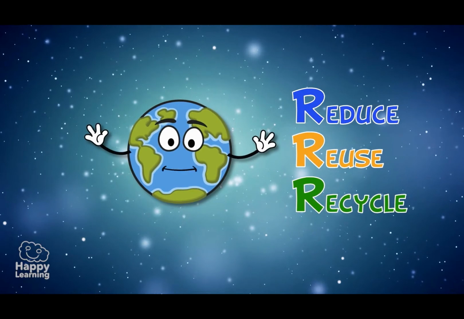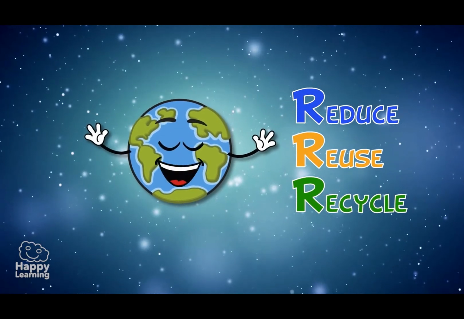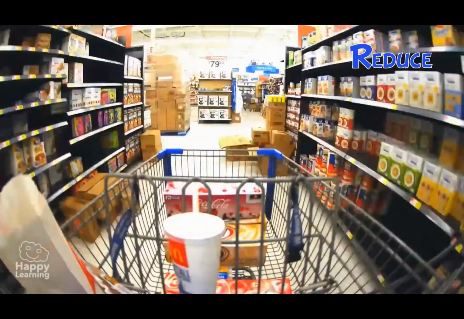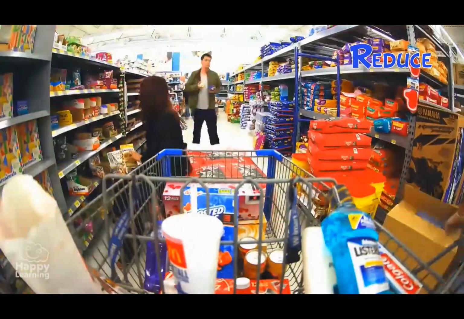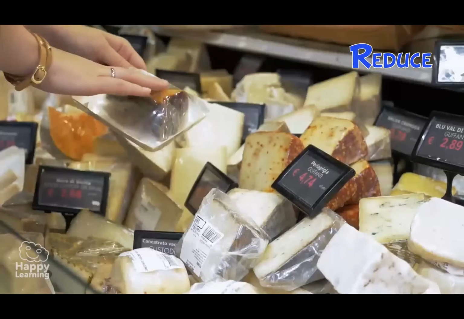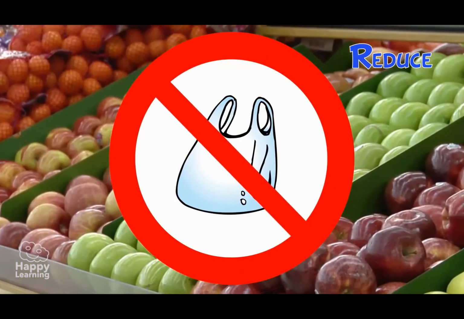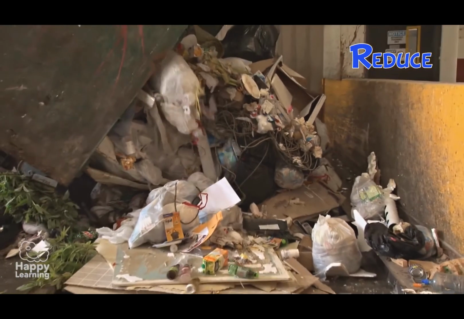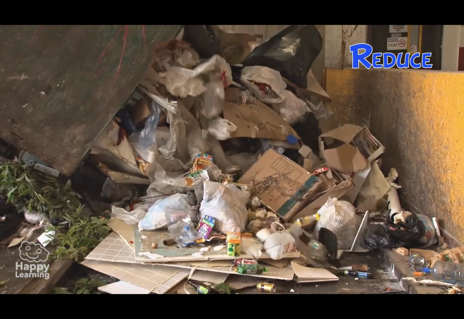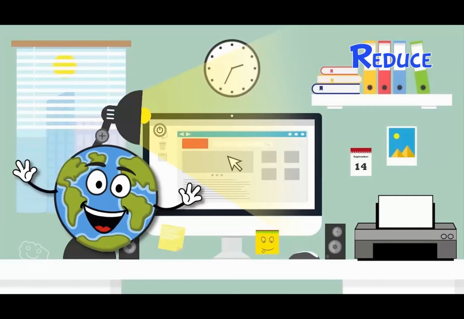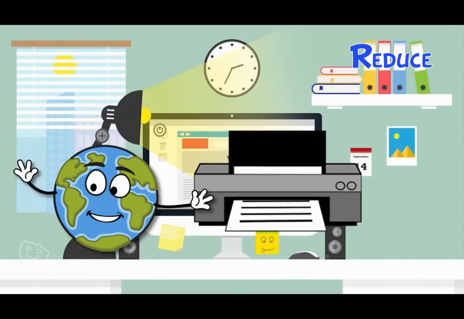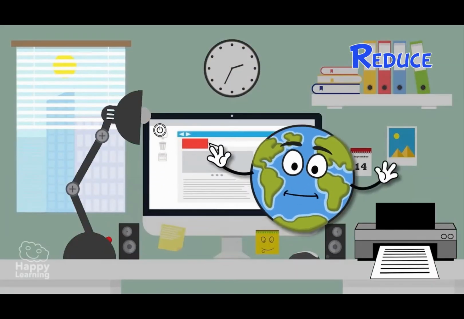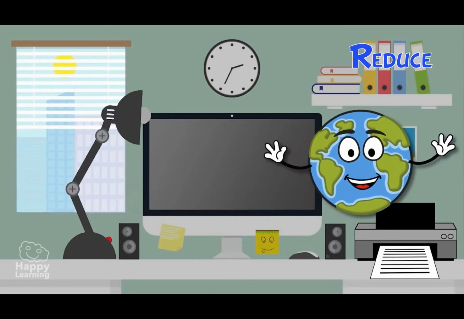Do you want to know how? Yes? Well, let's find out. The first R is for reduce. If you think about it, there are many things you don't need. When you go to the supermarket, I'm sure you can take your own canvas bags instead of using disposable ones given to you. Like that, you will be reducing the amount of plastic, which is very contaminating. And I'm sure that you don't need to print out so many documents or photos, nor leave lights, television, or computers on when you're not using them.